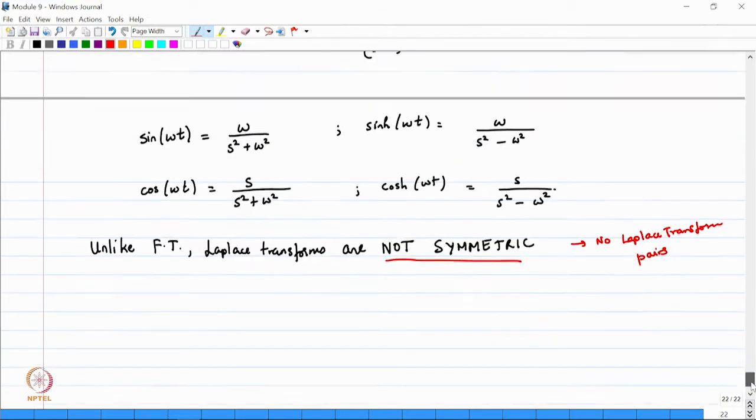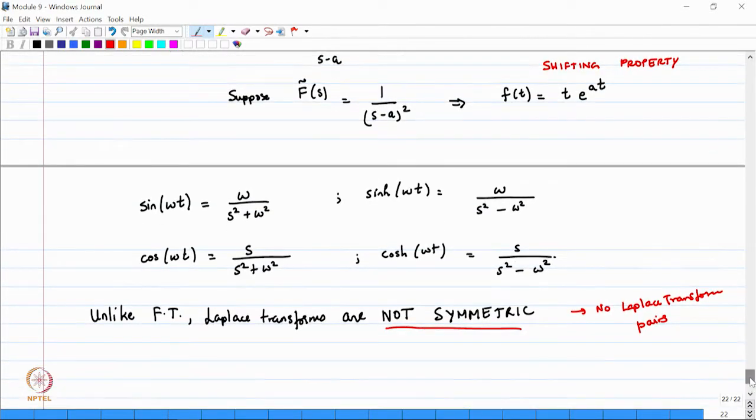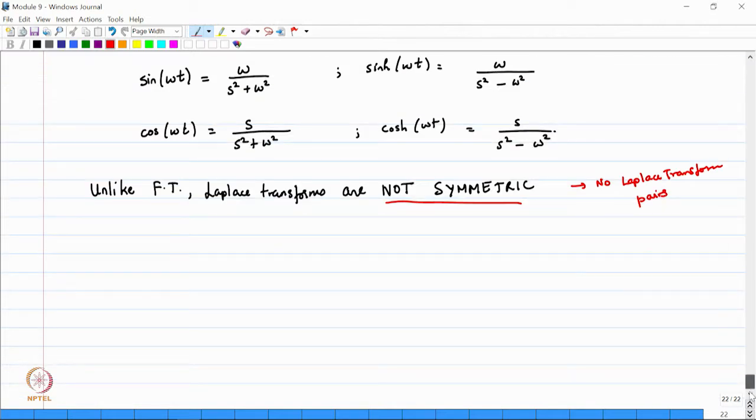Okay. Now, you can ask a question: suppose you had g tilde of s equal to f tilde of s times e to the minus a s.